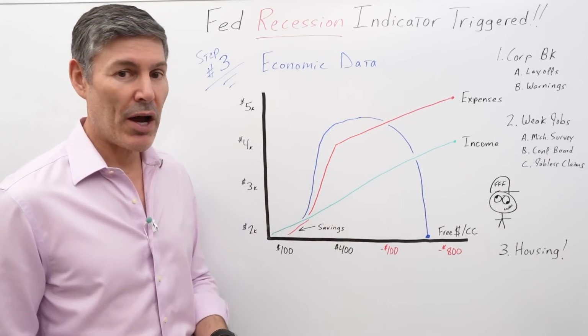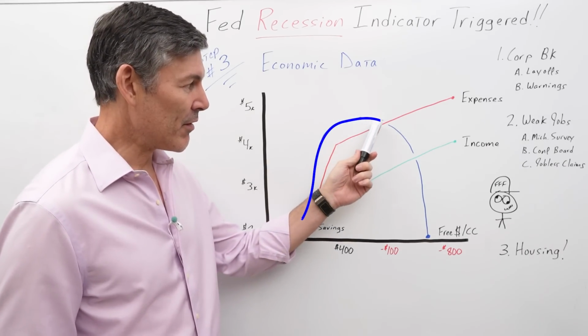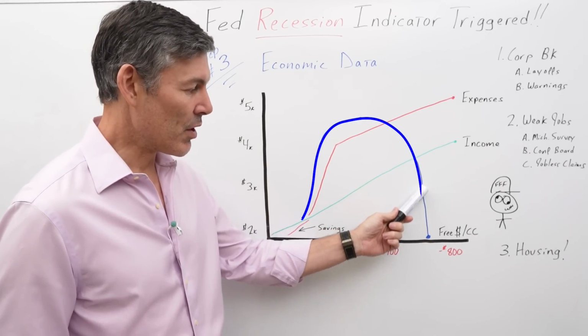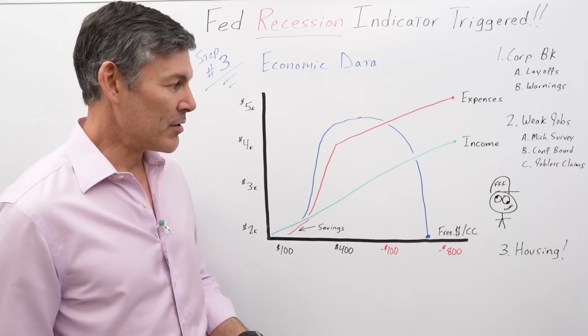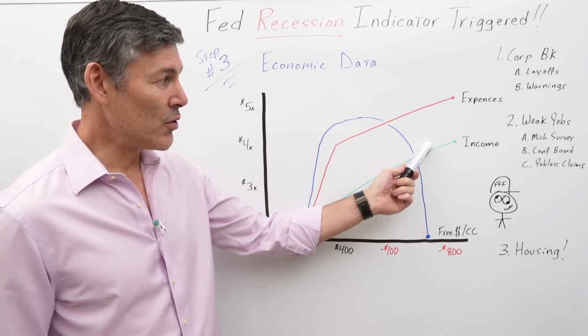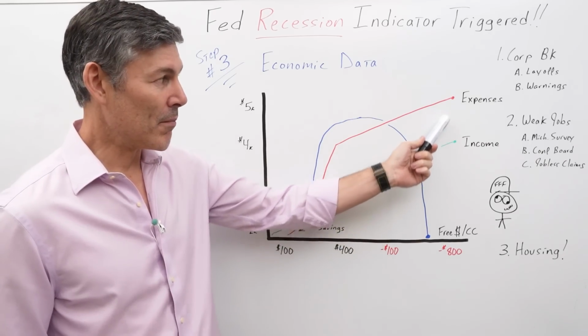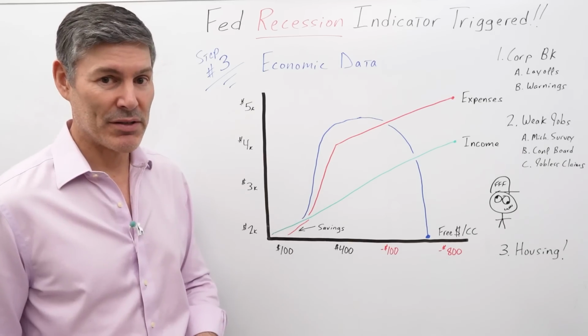But you guys know how this story ends. We get to a point where the free stuff starts to run out. And the only thing that Fred is left with is this huge gaping spread between his income and his expenses.